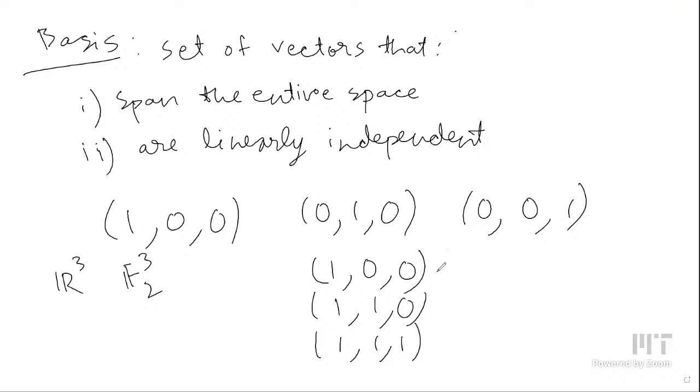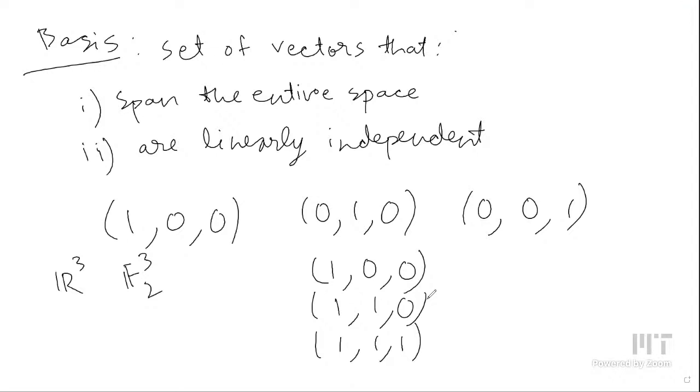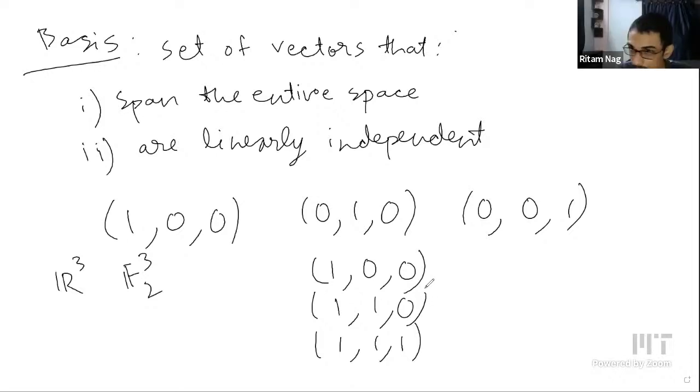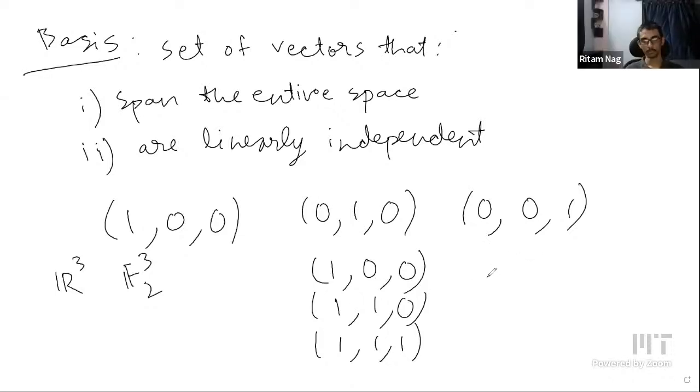This is also a valid basis over F2^3. How do you obtain (0, 1, 0) in F2^3? You just subtract the first vector from the second vector, right?